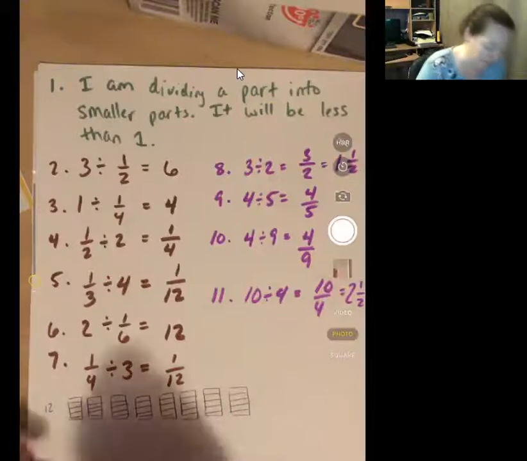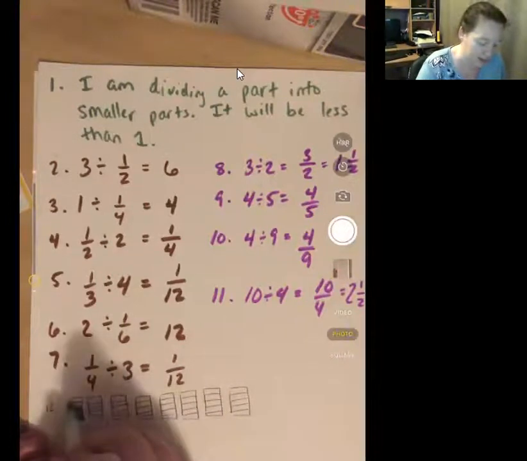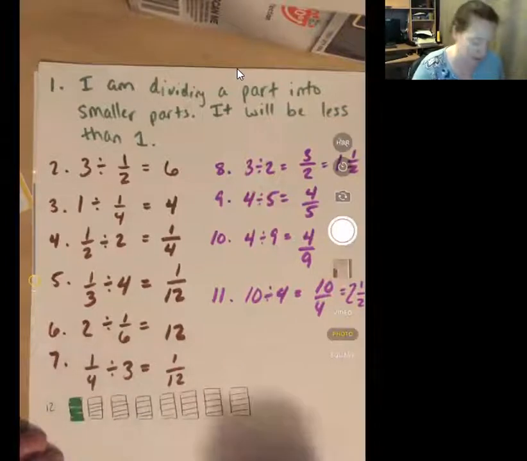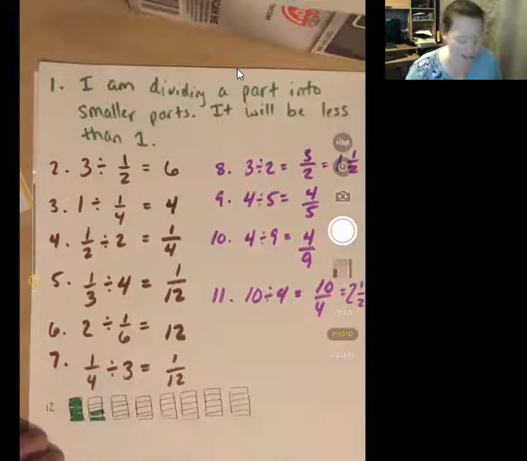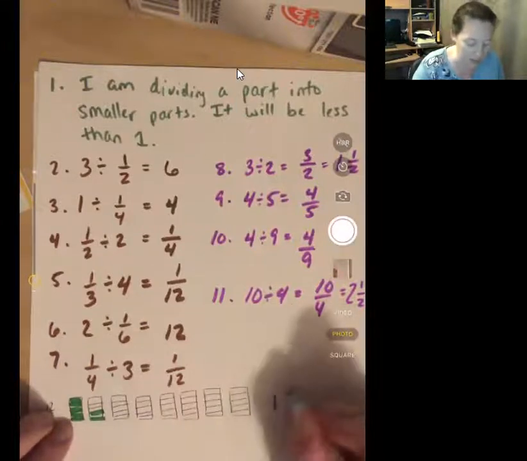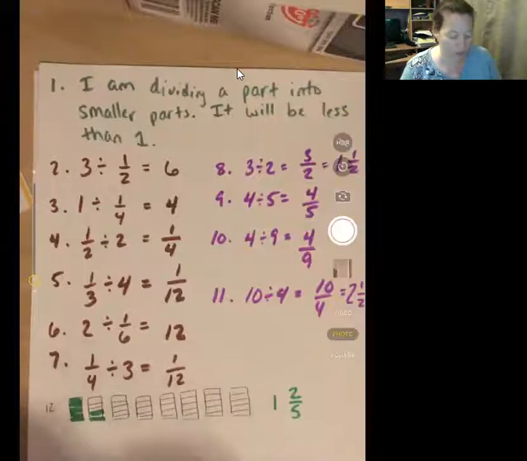So I have a 5th from the first glass, a 5th from the second glass, a 5th from the third glass, a 5th from the fourth glass, a 5th from the sixth glass, a 5th from the seventh glass, and a 5th from the 8th glass. So I end up with 1 and 2 fifths. Do you see how I did that? So I only need to fill in the 1/5 for each of those glasses.